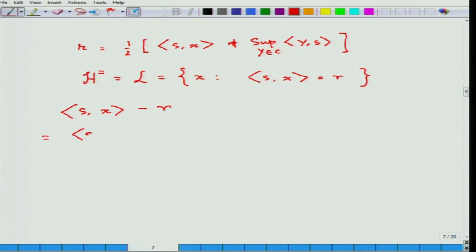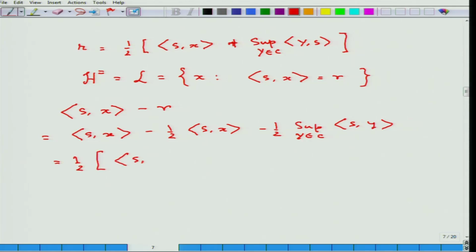It gives me S x minus half S x minus half supremum y element of C S y. So, this will become half of S x minus supremum of S y.